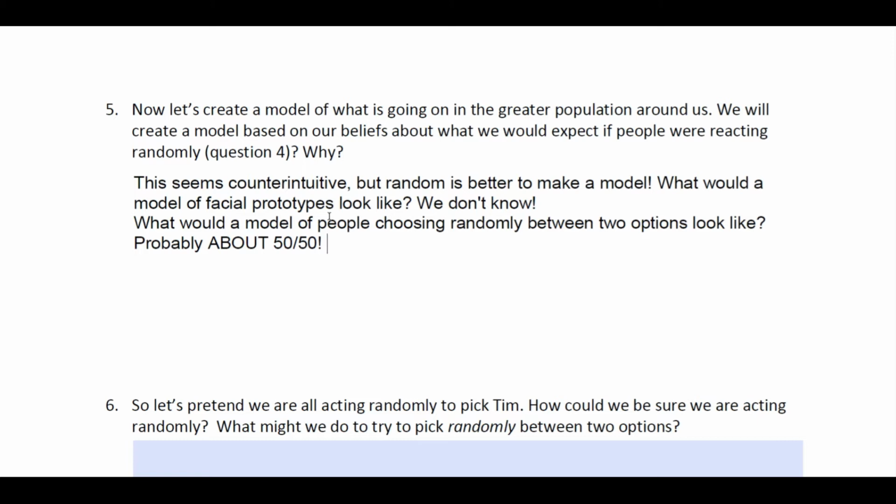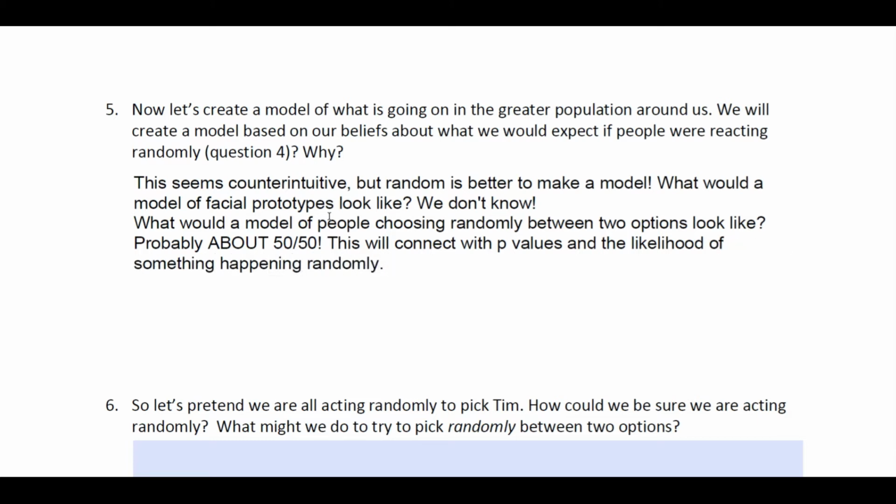So we start there. And this is going to connect with this idea of p-values that we've talked about. We're going to get more into those p-values, and the likelihood, that word should be familiar, of something happening randomly. This is the basis of why we use this backwards logic in statistics and we rely on p-values, where we kind of start out assuming nothing interesting is happening.